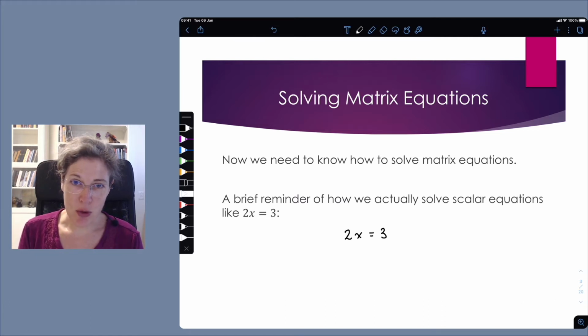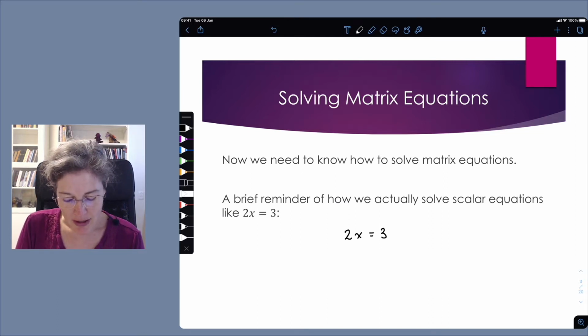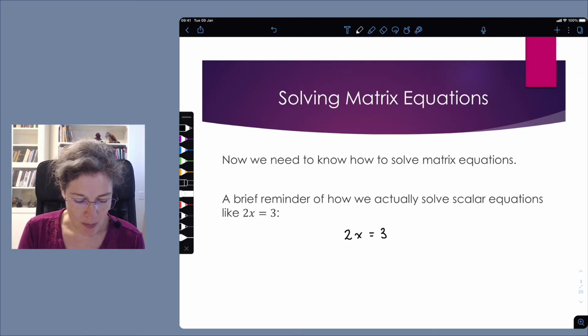That is a quick shortcut, but when you were first taught how to do this, what you were told was you need to multiply the left-hand side by whatever is going to give you 1 when it multiplies by 2. So you need to multiply by the inverse, or the reciprocal, of 2. So what you actually do is you times both sides by a half.